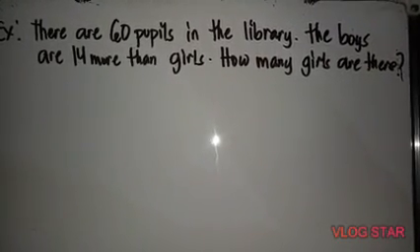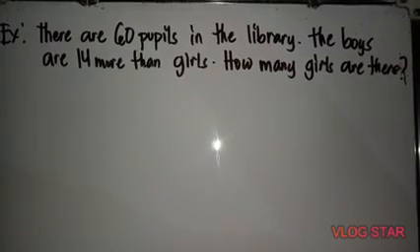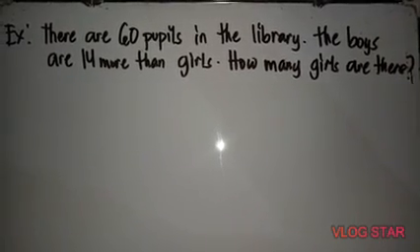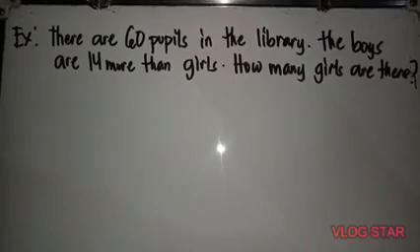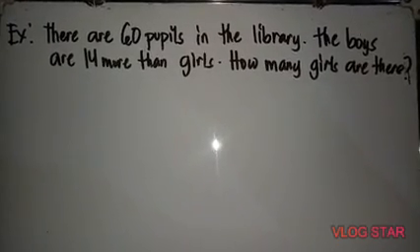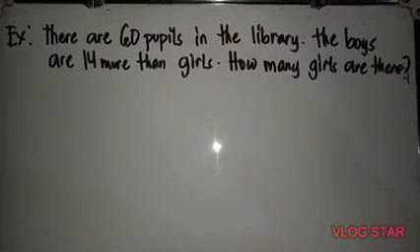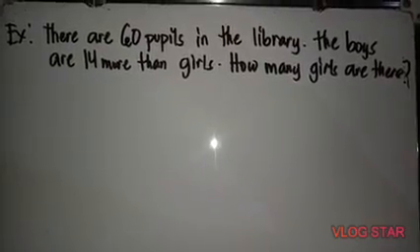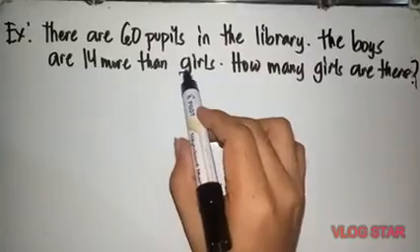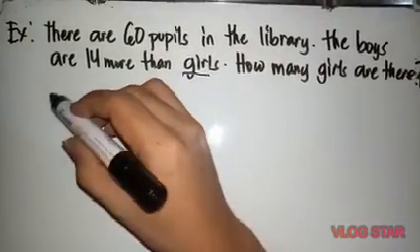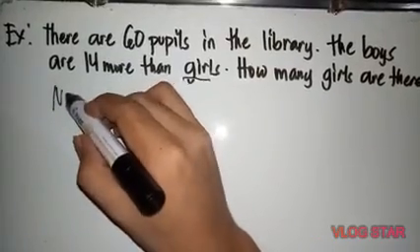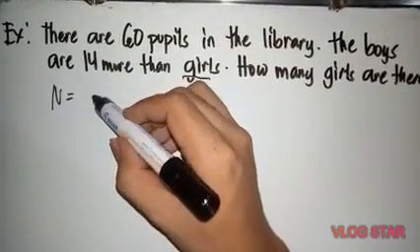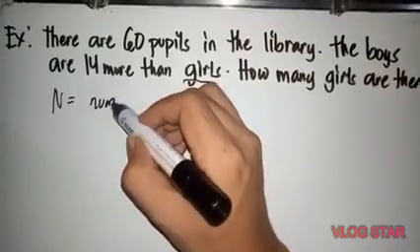There are 60 pupils in the library. The boys are 14 more than the girls. How many girls are there? So the first thing that we need to do is to use a variable to represent the number of girls. Let's use n.